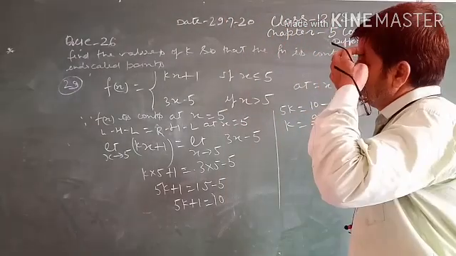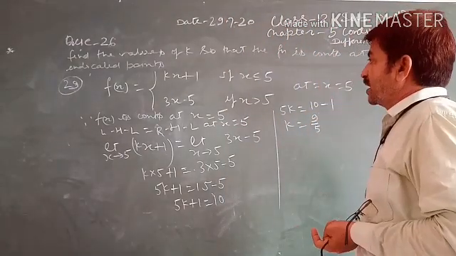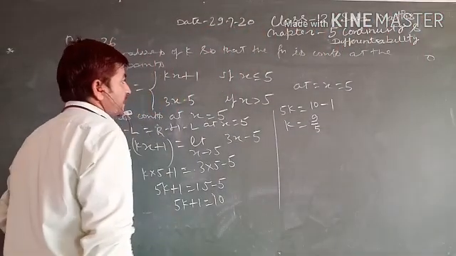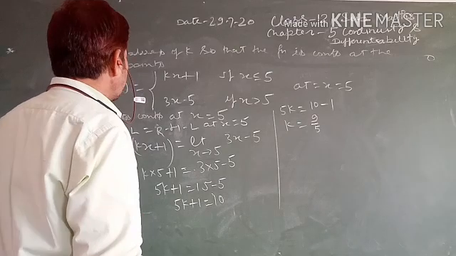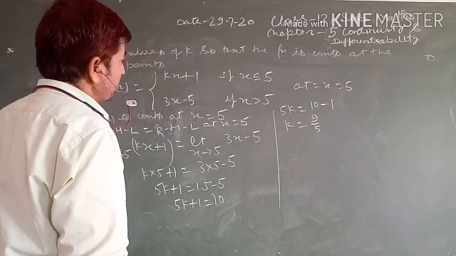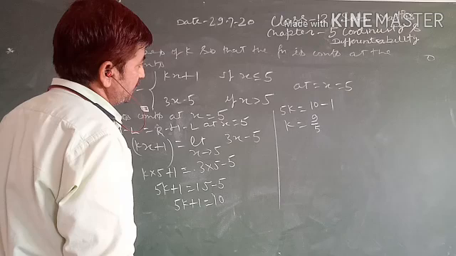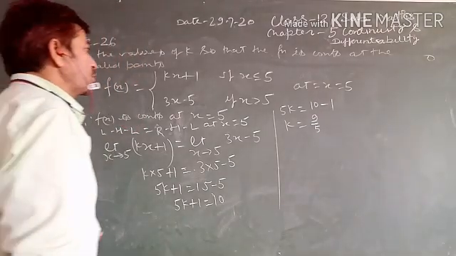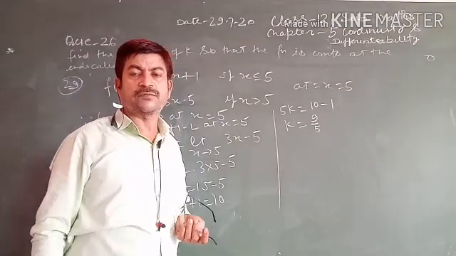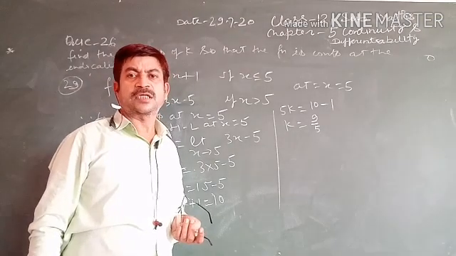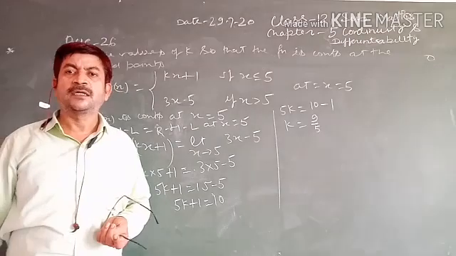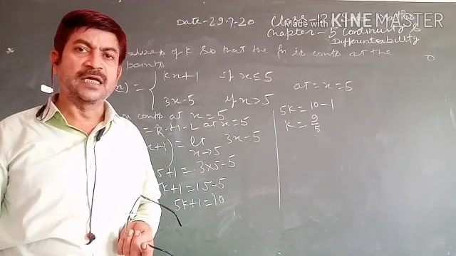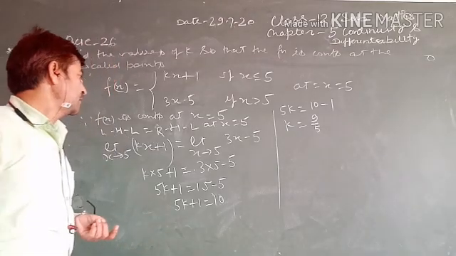Students, in this question number 29, our function f(x) equal to kx plus 1 if x is less than or equal to 5, f(x) equal to 3x minus 5 if x is greater than 5 is given, and it is continuous at x equal to 5. What is the question? We have to find the value of k if the given function is continuous at x equal to 5.